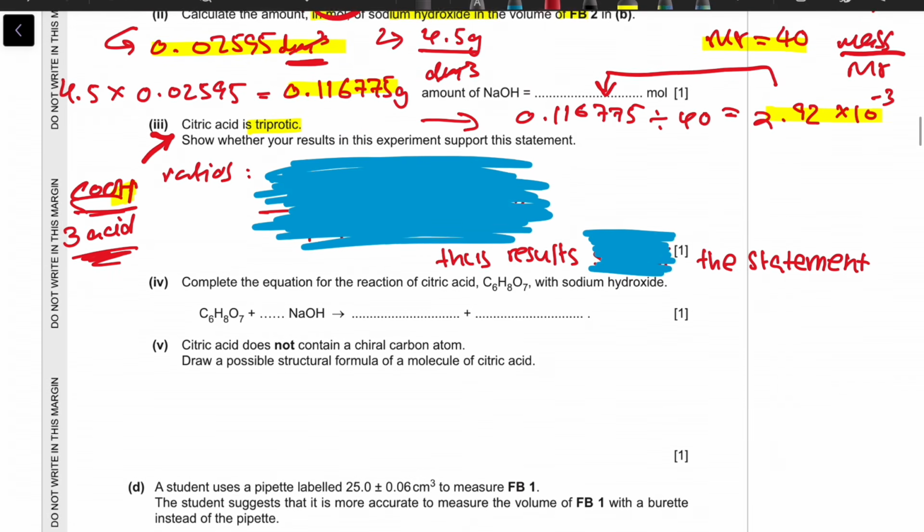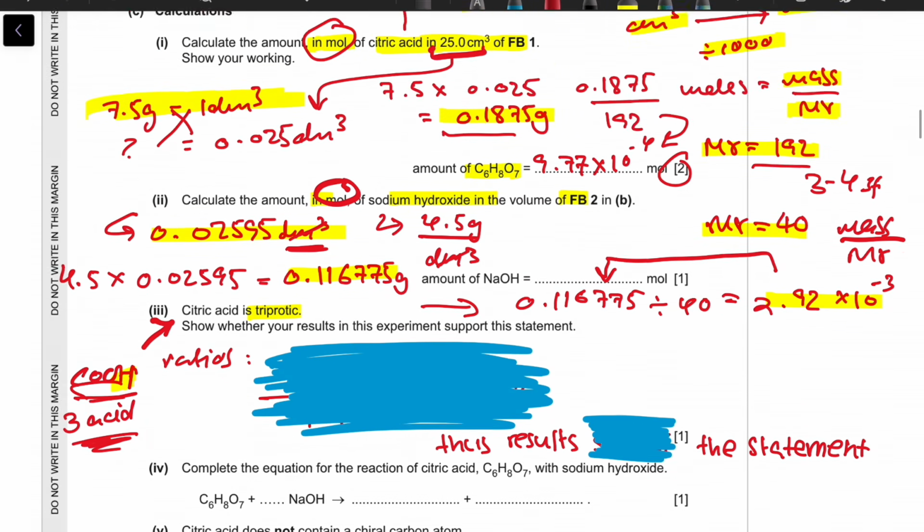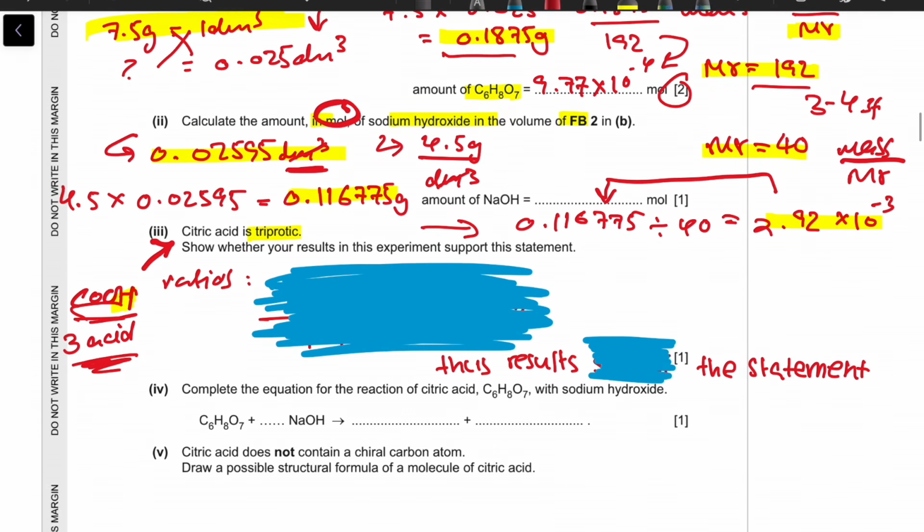So what can we do? Well, we have the moles of sodium hydroxide. We have the moles of citric acid. What we need to do is, since we have ratios, we divide these. It's important to know that when you're calculating 2 moles, usually you're going to have to divide them by each other eventually to find the ratios between them.